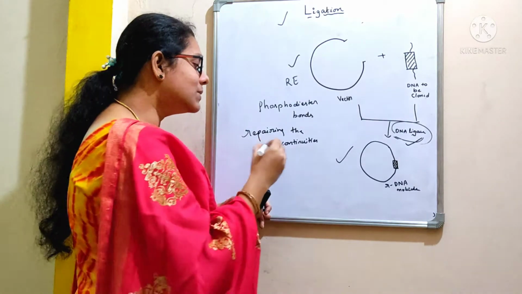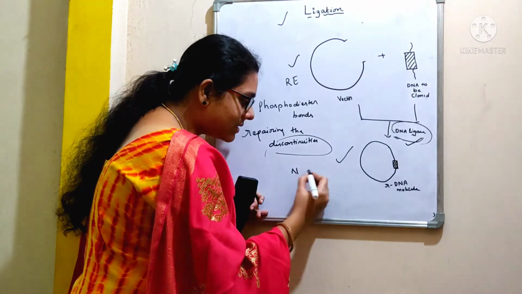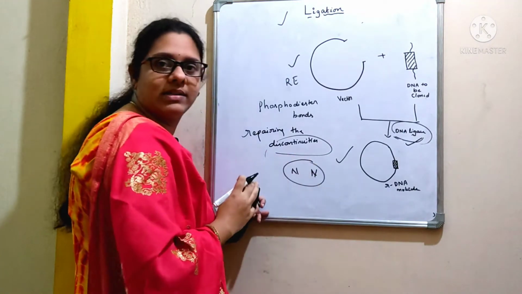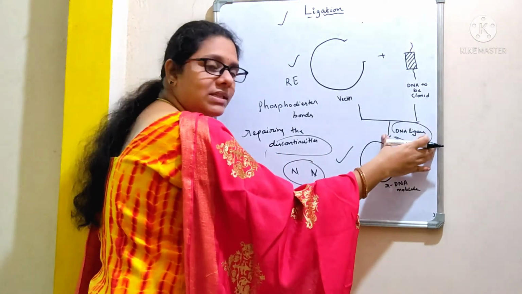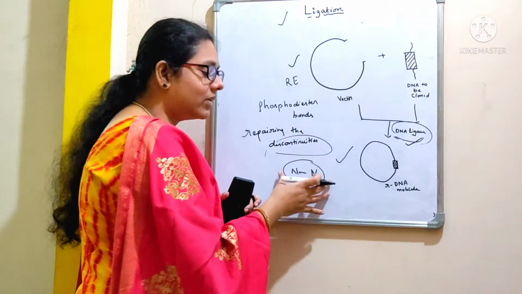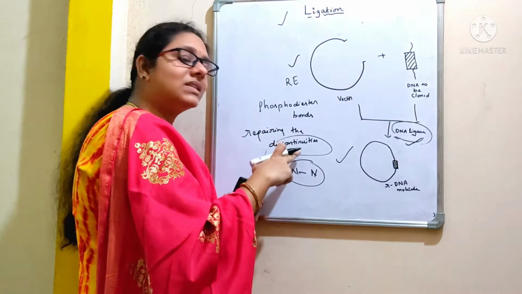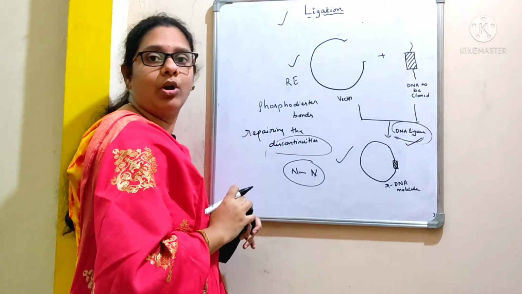So what is meant by a discontinuity? Nothing but a lack of phosphodiester bond between two nucleotides. Now what is this enzyme DNA ligase going to do? It will form a phosphodiester bond between these two nucleotides, and in this way it is going to repair the discontinuities that occur in a DNA molecule.